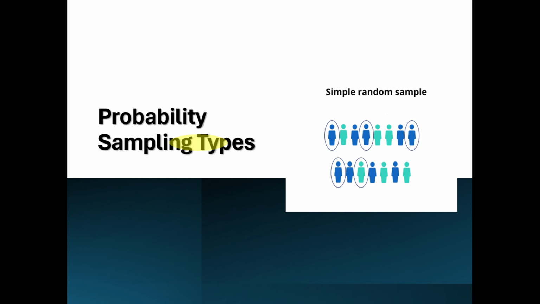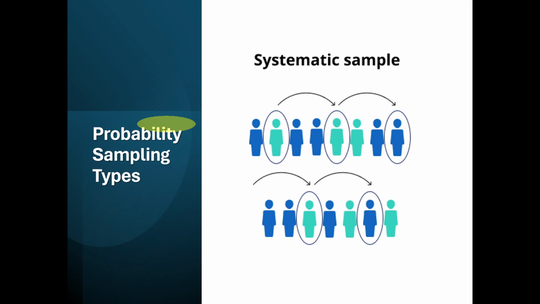Probability sampling types. When we talk about a simple random sample, for example, this is the population and we just select a few people from this, and that's the simple random sample. When we talk about a systematic sample, you are selecting people according to a pattern.